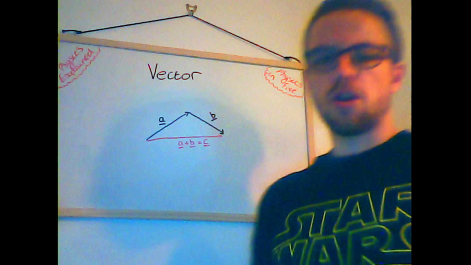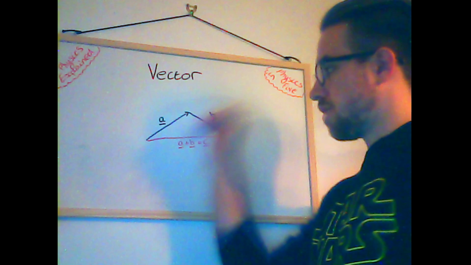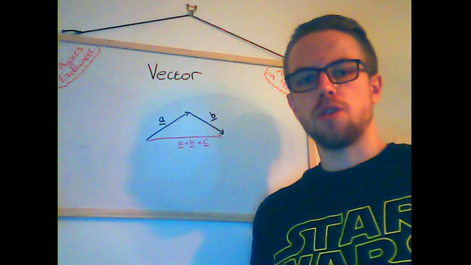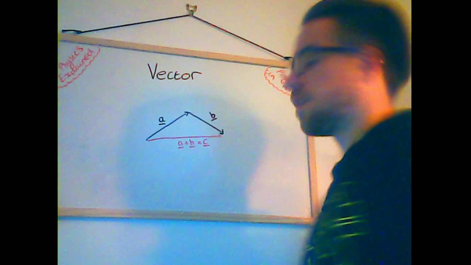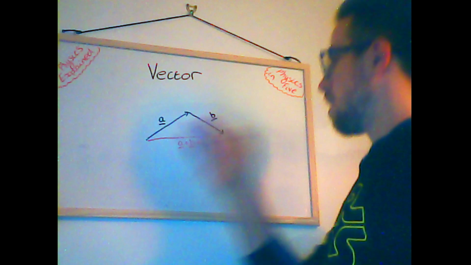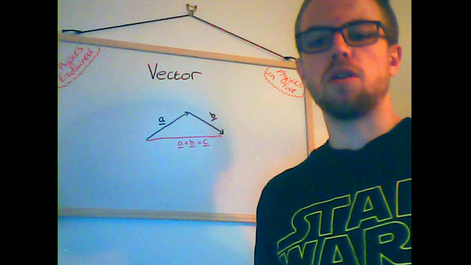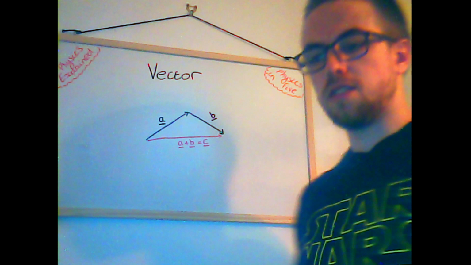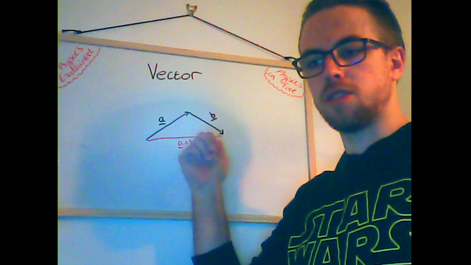So when we draw a vector, we tend to draw it as an arrow. That gives it the direction, and the size of the arrow usually determines the magnitude of the vector. Now let's say in this case A and B are distances covered, let's say I walk those distances. The distance that I walk will be the magnitude of A plus the magnitude of B, right?